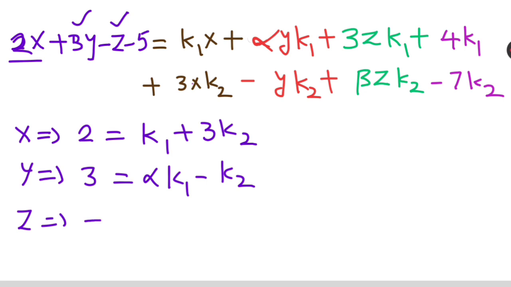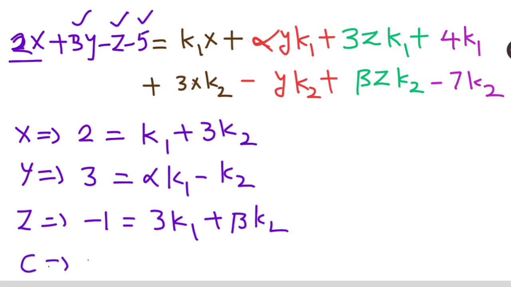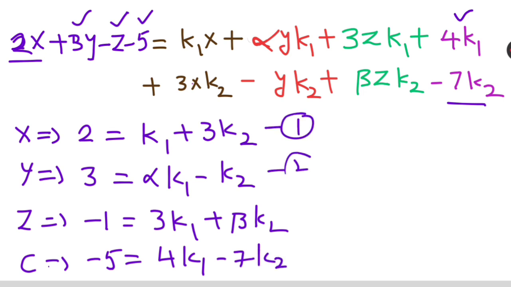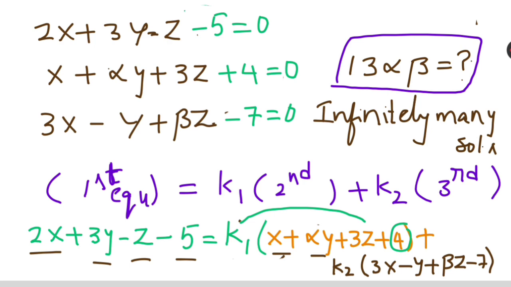Minus 1 on the left, and on the right we have 3k1 plus beta k2. Now compare the constant terms. Here we have minus 5, and here we have 4k1 minus 7k2. So we got 4 equations. First I am going to find k1 and k2. Using k1 and k2, then I am going to find alpha and beta values, and then substitute in 13 alpha beta.